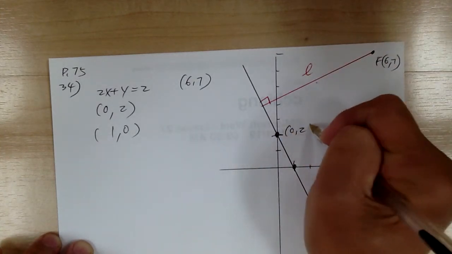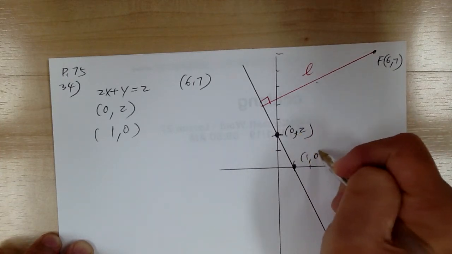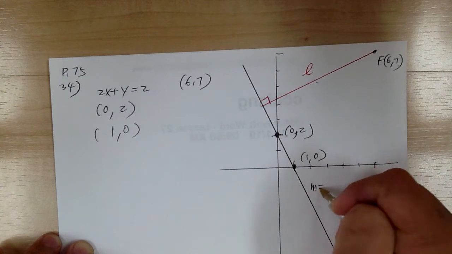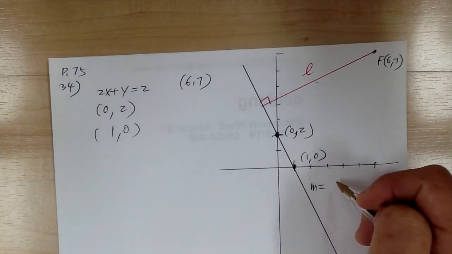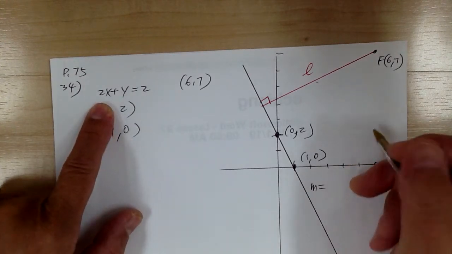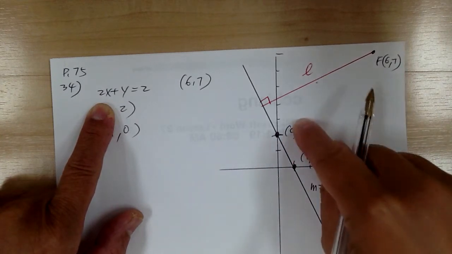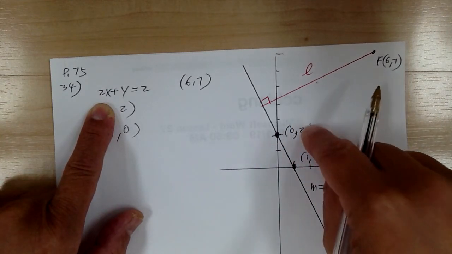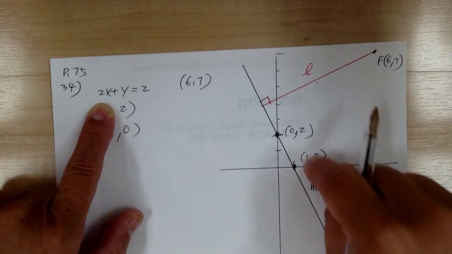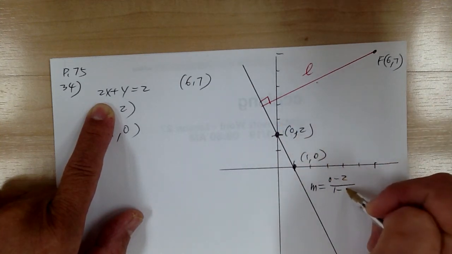So this is 0, 2, and this one is 1, 0. So the slope of this is equal to, well, this one has the equation. You can do it either way. You can use 0 minus 2 over 1 minus 0.